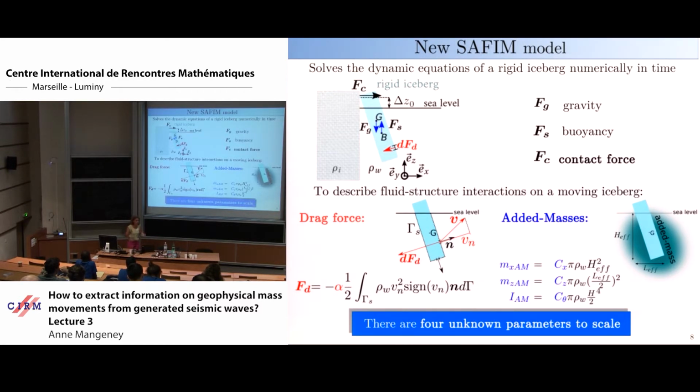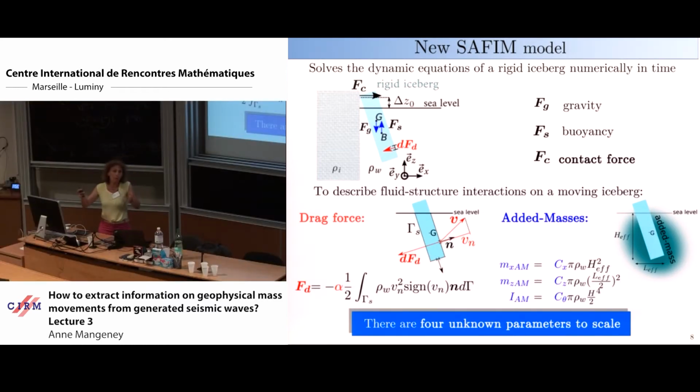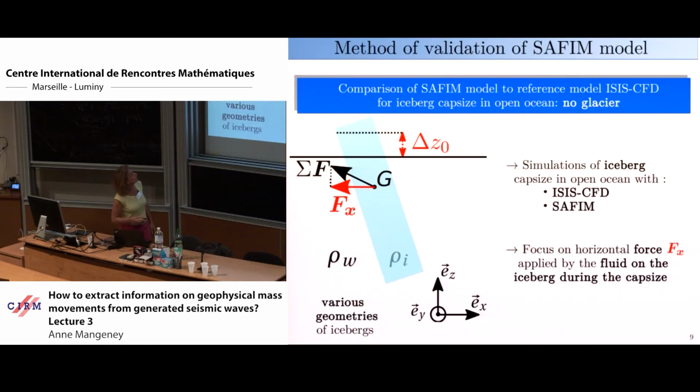It's always a very complex position between simplicity and reality. So we assume, for example, that the added mass in the x direction has this form, likewise in the z direction and for inertial effect. And we took this value from the analytical solution of the stability of rectangles in water. And so you will see what happened.